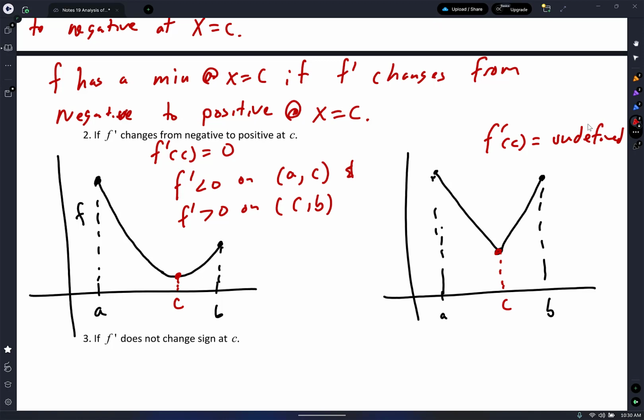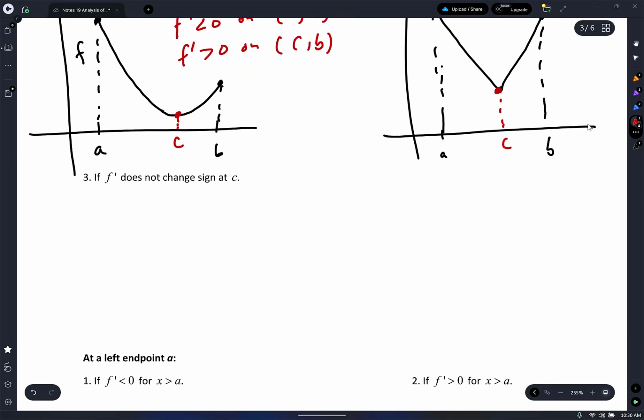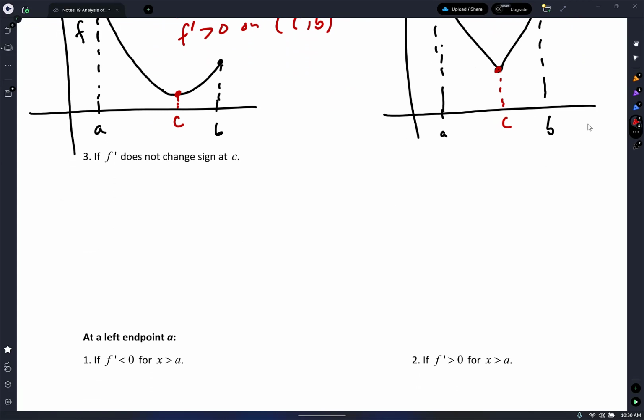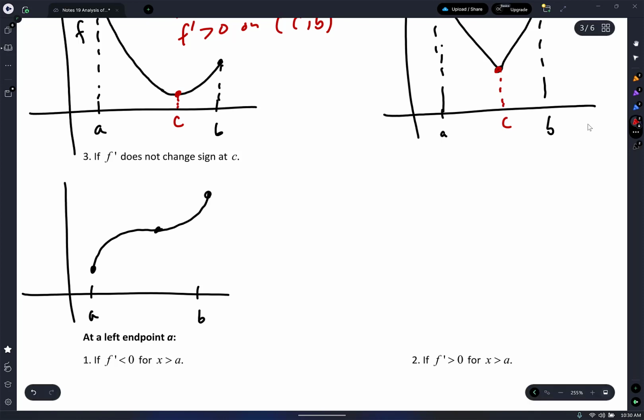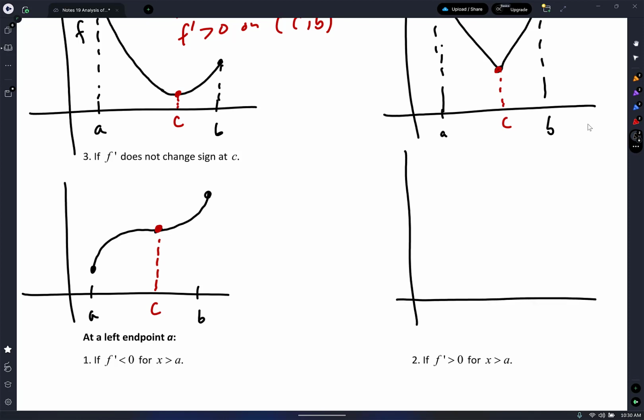Cool? In the last one, we did say X equals C, we inserted it. Okay, F prime does not change signs. That's a simple one. I like this one. I'm going to do two graphs again. This is A, this is B. We'll make one increasing without the sign changing ever, or we'll make it where it's 0 for a moment. And then we'll do one where it does not exist.